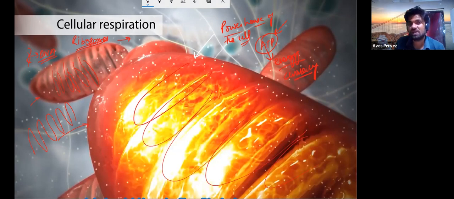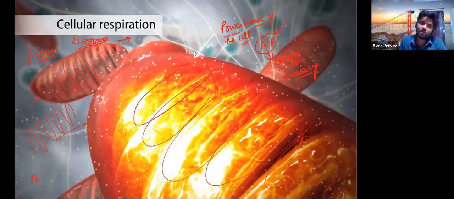You know that in prokaryotic cells we have DNA, ribosomes and cytoplasm. In a similar way, we also have DNA and ribosomes in the mitochondria. So we can simply say that the mitochondria is a cell inside the cell.